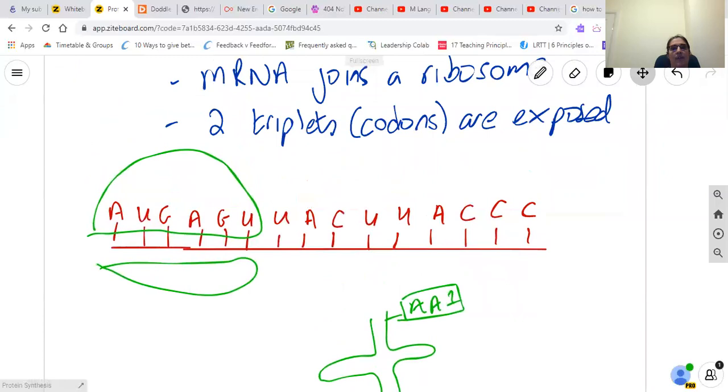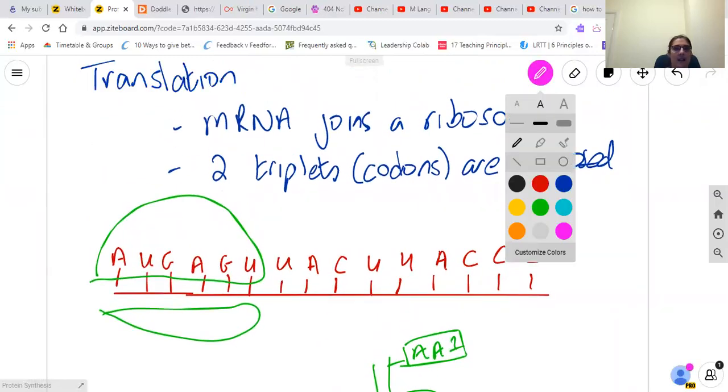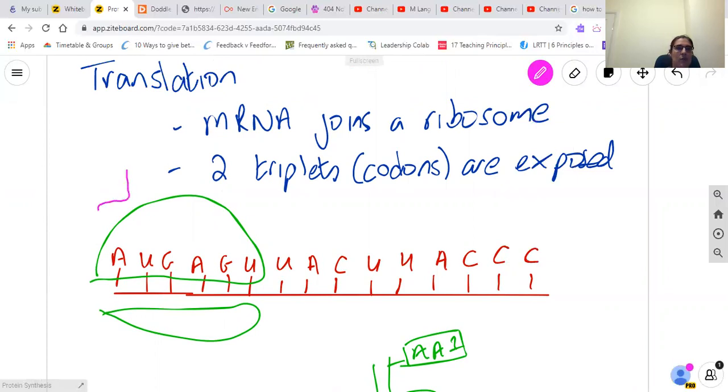So what's going to happen? Well, the correct transfer RNA is going to come in. It's got to be the correct one that has the corresponding anticodon. So in this particular case, it will be U, A, C. And the second one will also bind, which will be U, C, A. And they will both be carrying their amino acid.